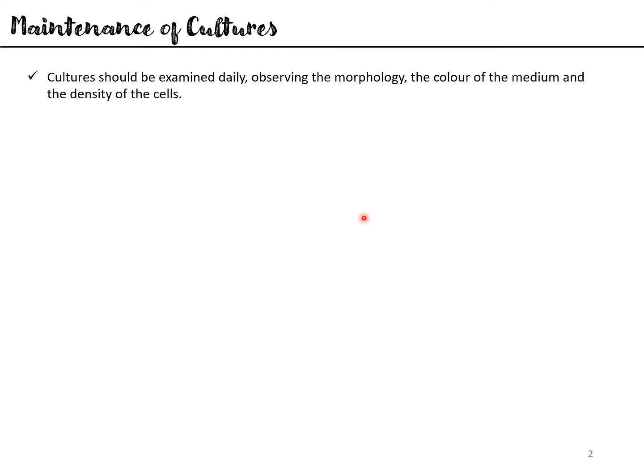So these three things you have to monitor daily without skipping, because it is very imperative for maintaining healthy cell cultures.